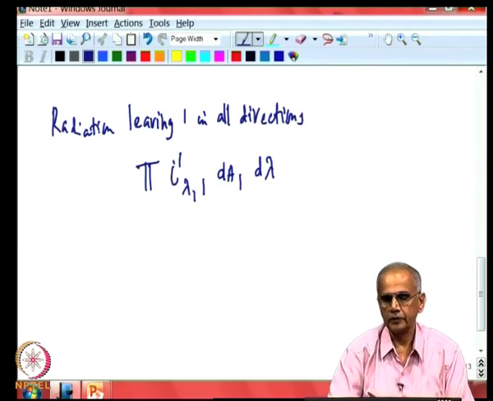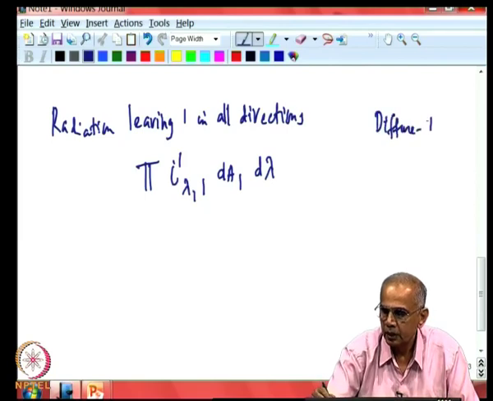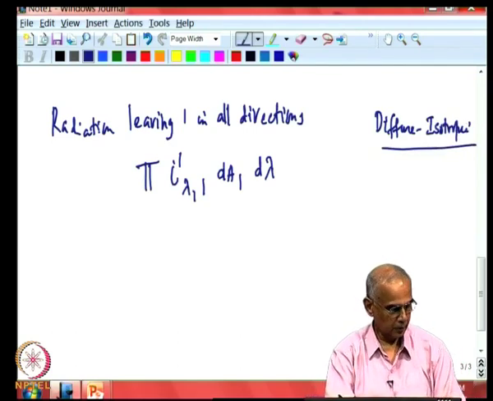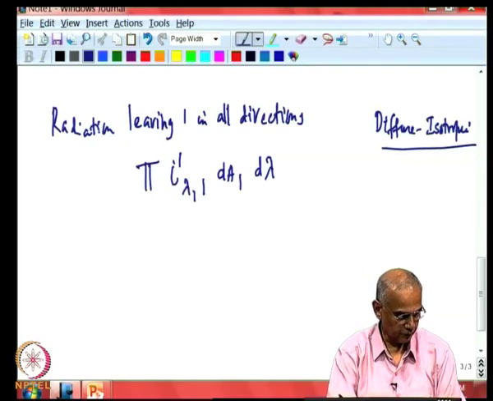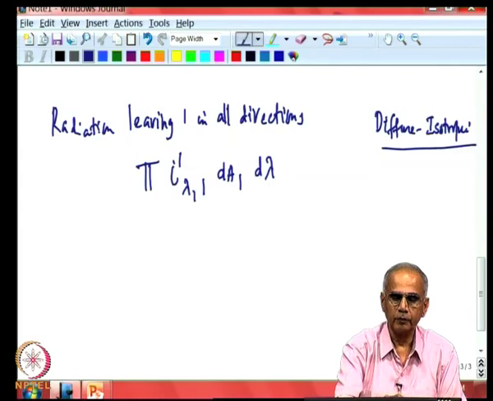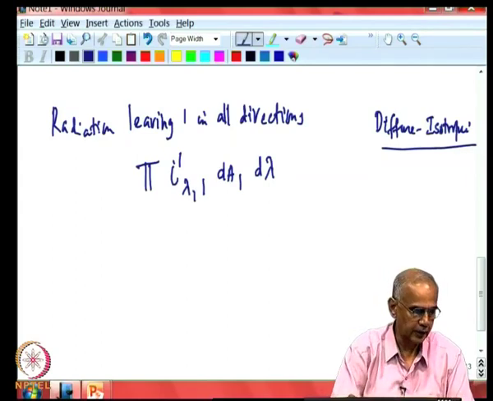While doing this integration, we are assuming that radiation leaving 1 is diffuse isotropic. Only then you can calculate this quantity. Without the assumption of diffuse isotropic, this quantity is a function of theta and phi; if it is diffuse isotropic, then you can integrate and get the answer.